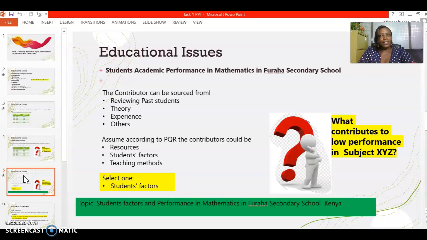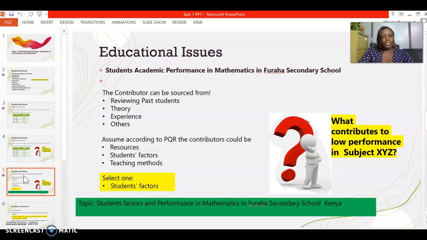And we select one, student factors. So you realize now we are able to come up with a complete topic, which has the independent variable, the subject, and the location. So here the topic is going to be student factors and performance in mathematics in Fraha Secondary School in Kenya.